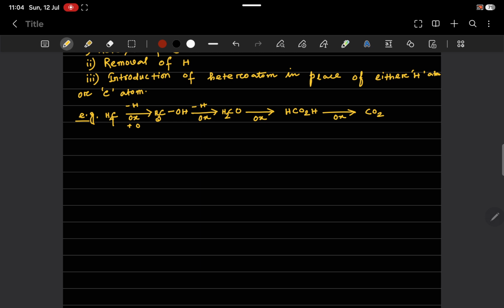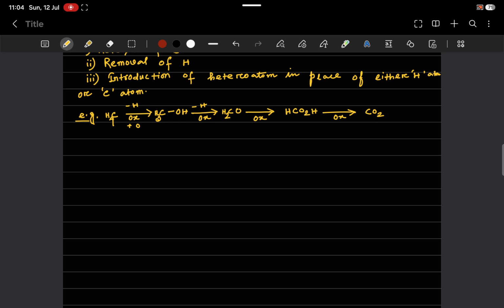I have already mentioned that either you remove hydrogen, then you can consider it an oxidation reaction, or you introduce some heteroatom in place of a hydrogen atom or any carbon atom, then you can consider it an oxidation process.